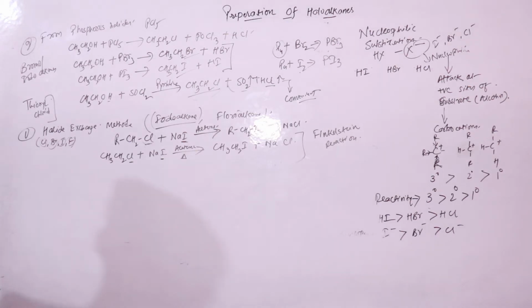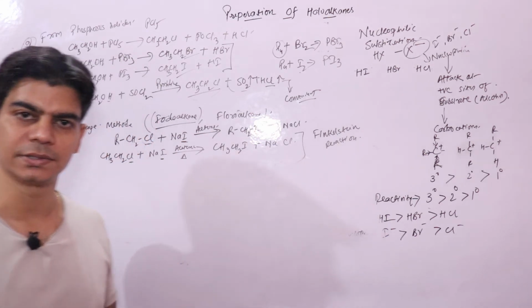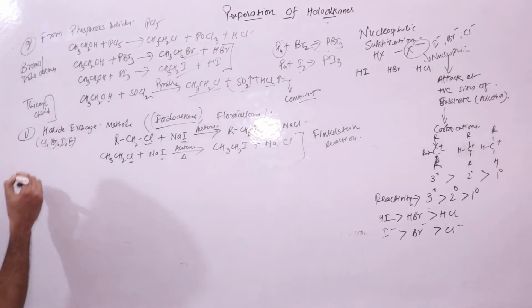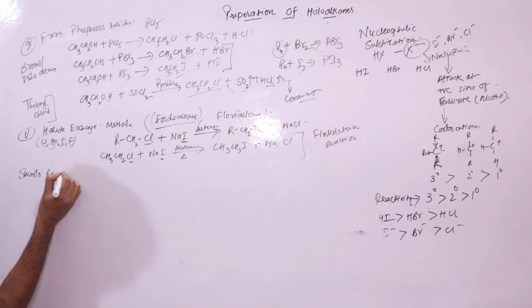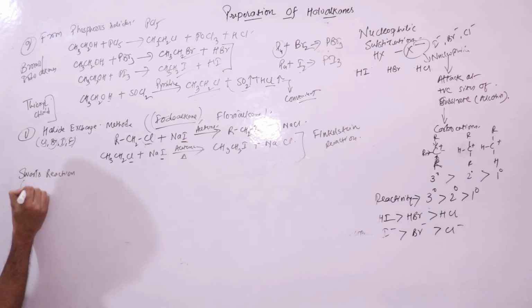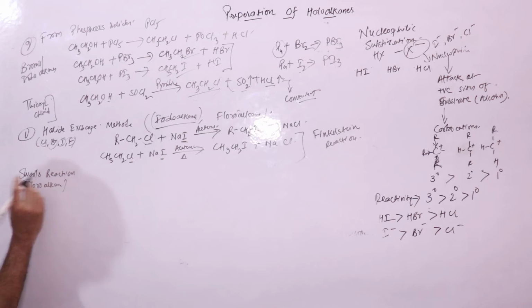Now we can prepare fluoroalkanes also by a similar halide exchange reaction, known as the Swarts reaction. We call the reaction for the preparation of fluoroalkanes the Swarts reaction. In the Swarts reaction, what you will do is you will take a chloroalkane and treat it with antimony trifluoride.